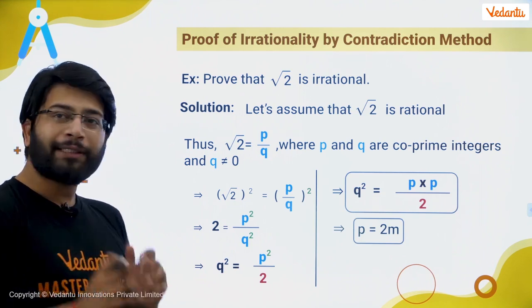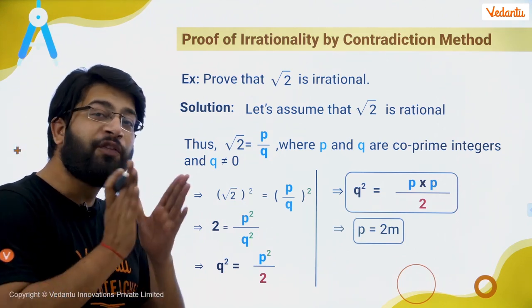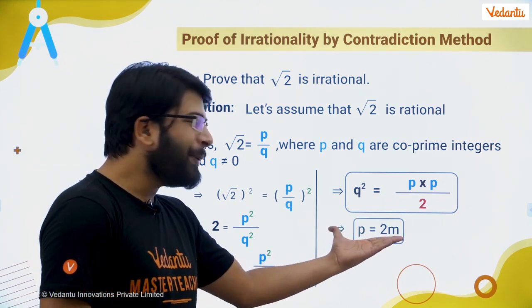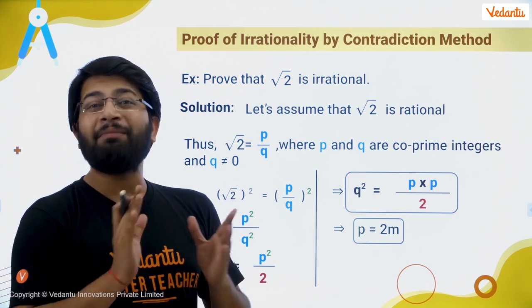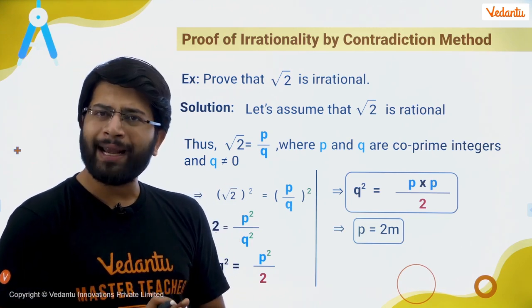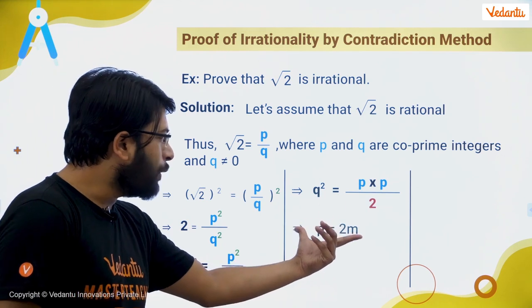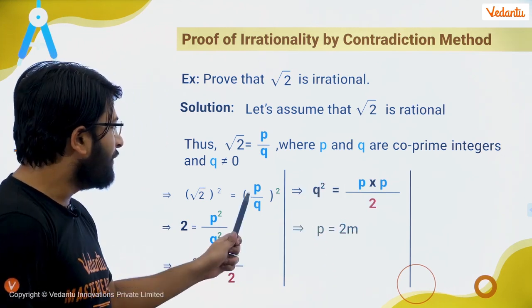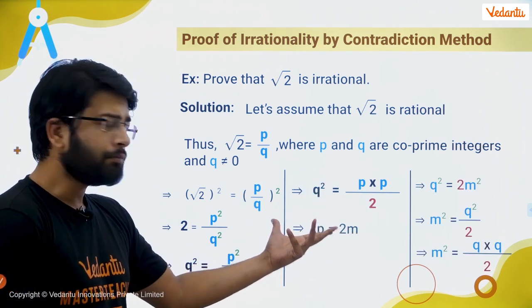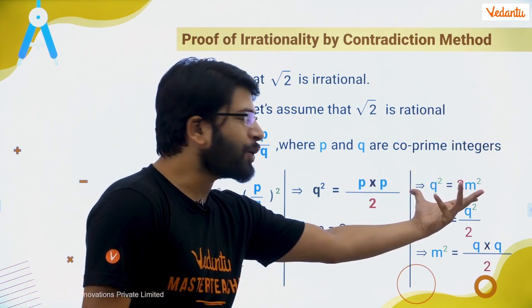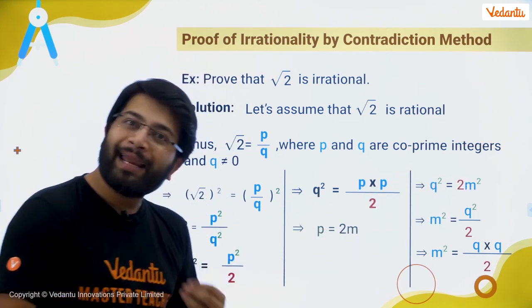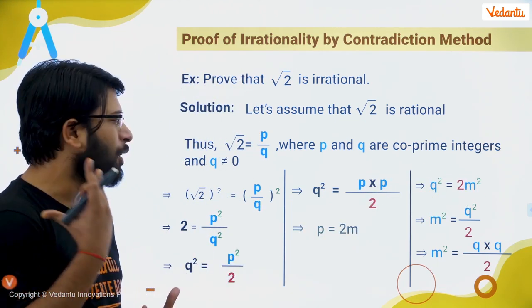Excellent. So now champ, if 2 is a factor of P, we can write P equal to 2m, where m is any whole number other than 0, right champ? Now simply we can put P equal to 2m in the above equation, and we will get Q square equal to 2m square. Again the same concept, champ.